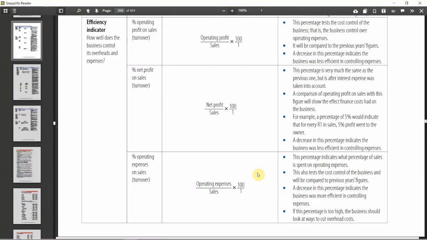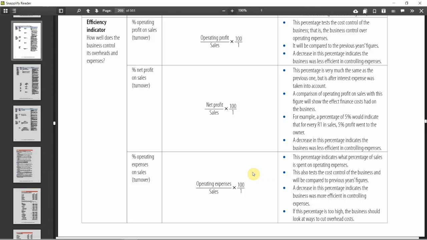Again, we will tend to compare against previous financial years, and the higher our operating expenses are, the higher this ratio will be. But higher operating expenses means less efficiency. So the higher this ratio is, the worse for the business. We want this ratio low. We want the operating expenses as a proportion of sales low.